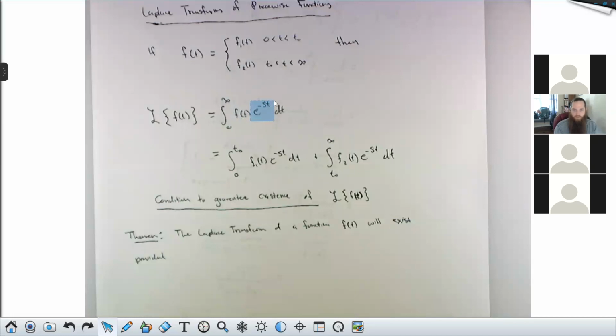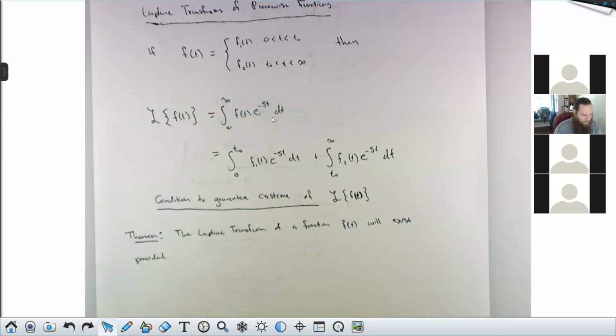This term goes to 0 very, very quickly as a function of t for any fixed value of s. So the condition under which the Laplace transform will exist is that f of t cannot overwhelm functions of this sort.